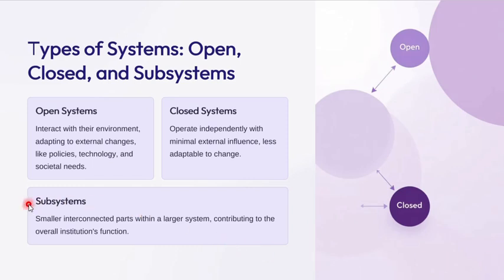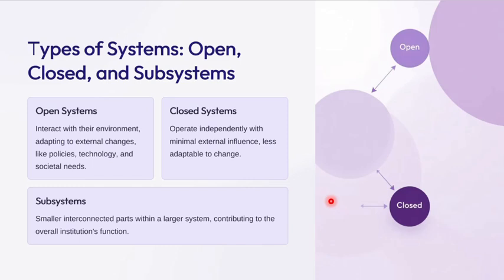Okay, and then the third one is subsystems: smaller interconnected parts within a larger system, contributing to the overall institution's function. Each subsystem has its function but contributes to the overall institution.